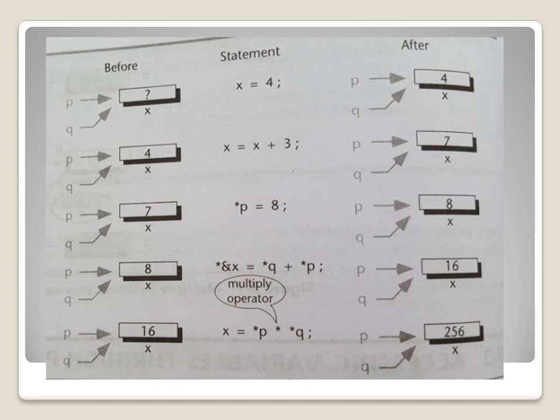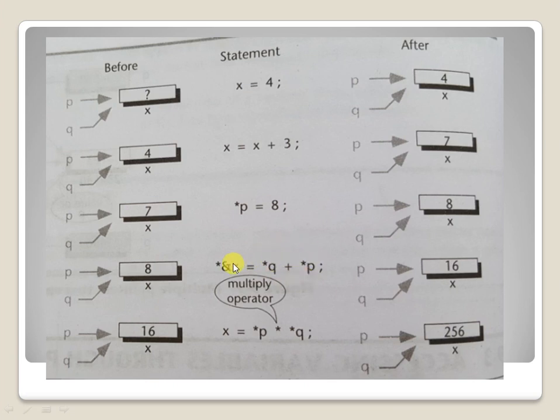That means the pointer is pointing to a certain variable. So the pointer is pointing to x, and x is holding the value 8. Again, q is a pointer, and q is pointing to the variable x, which is holding 8. So you'll get 8 plus 8, and 16 is updated.